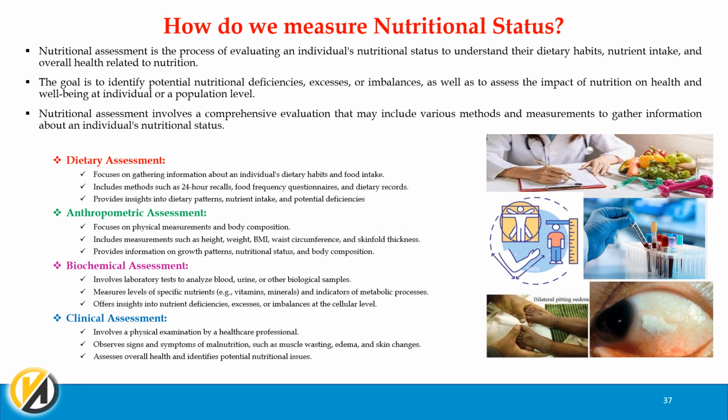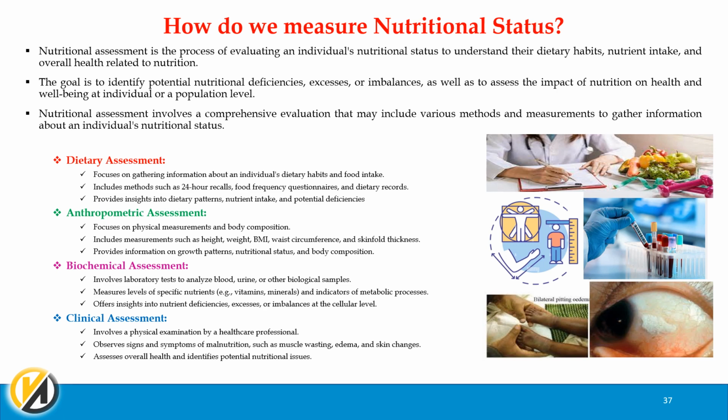The second nutritional assessment method is anthropometric assessment. This focuses on physical measurements and body composition measurements, which include height, weight, body mass index, waist circumference, age, and skinfold thickness.